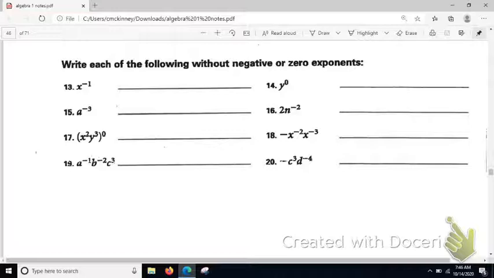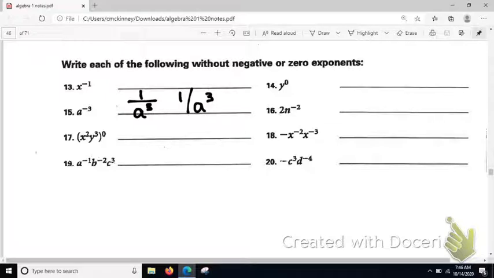So for instance, on number 15, we would just do 1 over a to the 3rd. How about if I write it this way? Maybe you can see it better. 1 over a to the 3rd. So I just remove the negative exponent by moving it to the denominator.